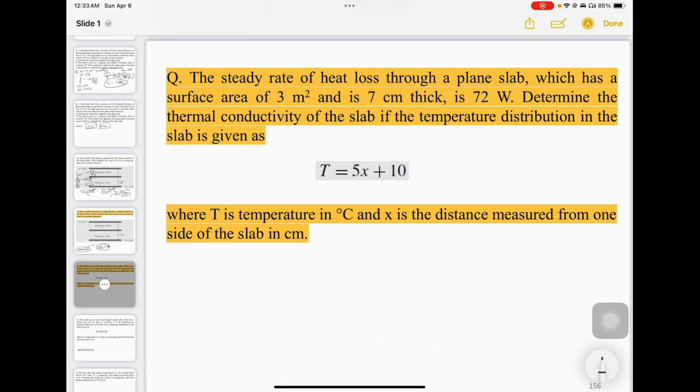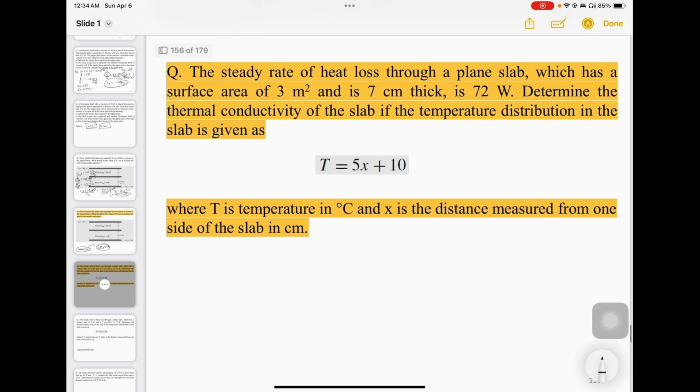Next example, the steady rate of heat loss through a plain slab which has a surface area of 3 meter square and 7 centimeter thick is 72 watt. Determine the thermal conductivity of the slab if the temperature distribution of the slab is given by T is equal to 5x plus 10, where T is a temperature in degrees Celsius and x is the distance measured from the side of the slab in centimeter.